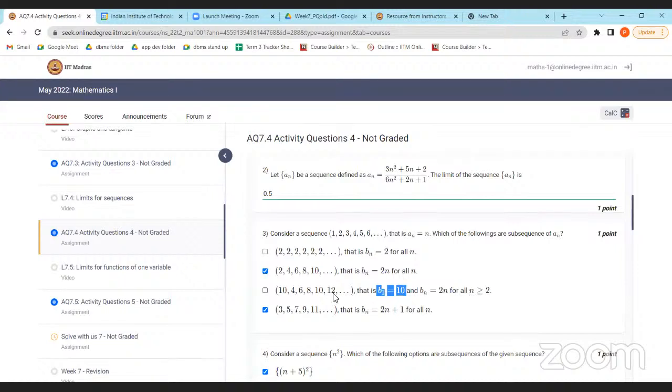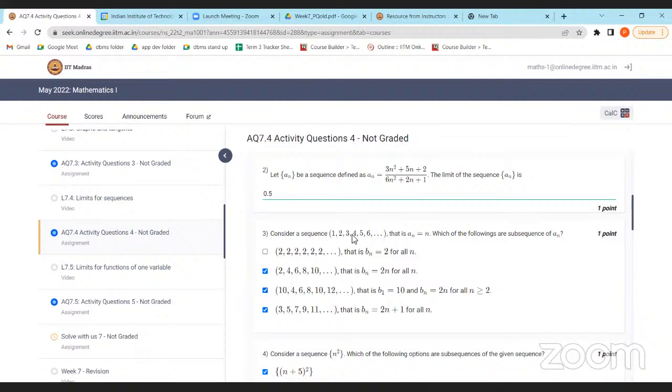So if I put n equals 2 here, I will get 4. If I put n equals 3, I will get 6, right? So this sequence is given for this particular function, where the first value is b1 equals 10. But according to my definition, I should get the sequence in the same order, right?